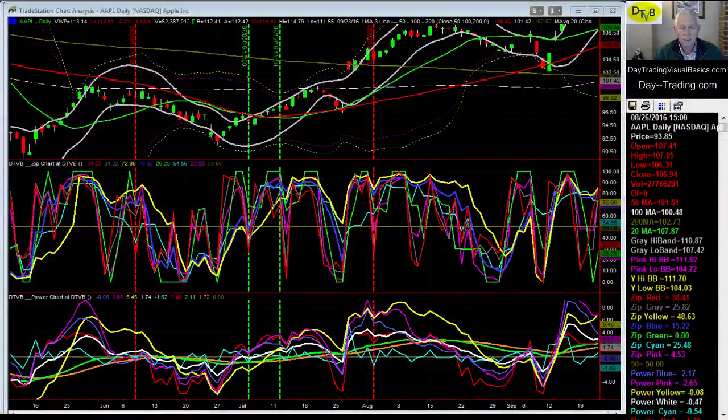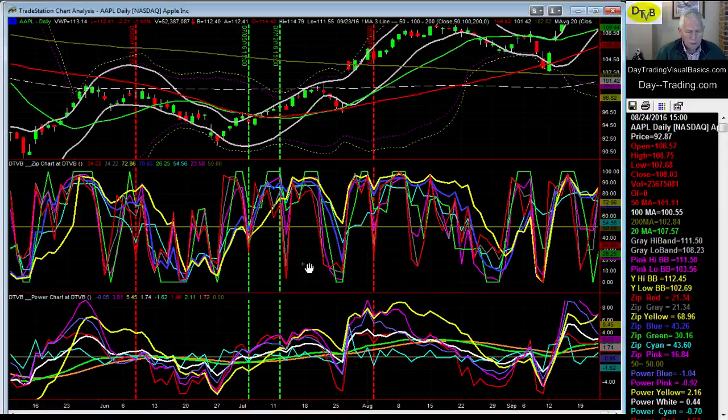On the chart here, I am in Apple, and these two green vertical lines that I have marked are in July of 2016. And I only have the Zip chart and the Power chart on in this example with the candle chart.